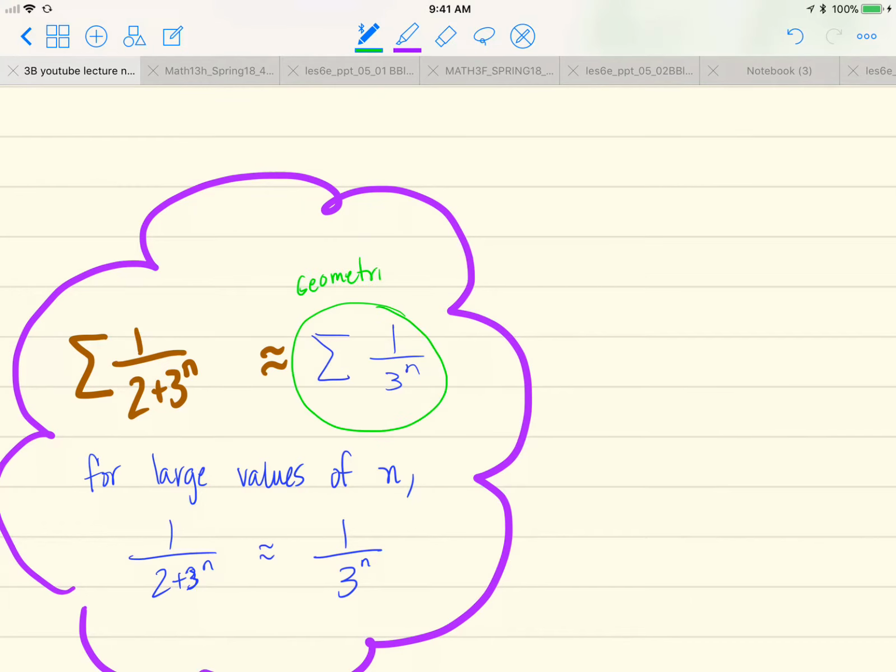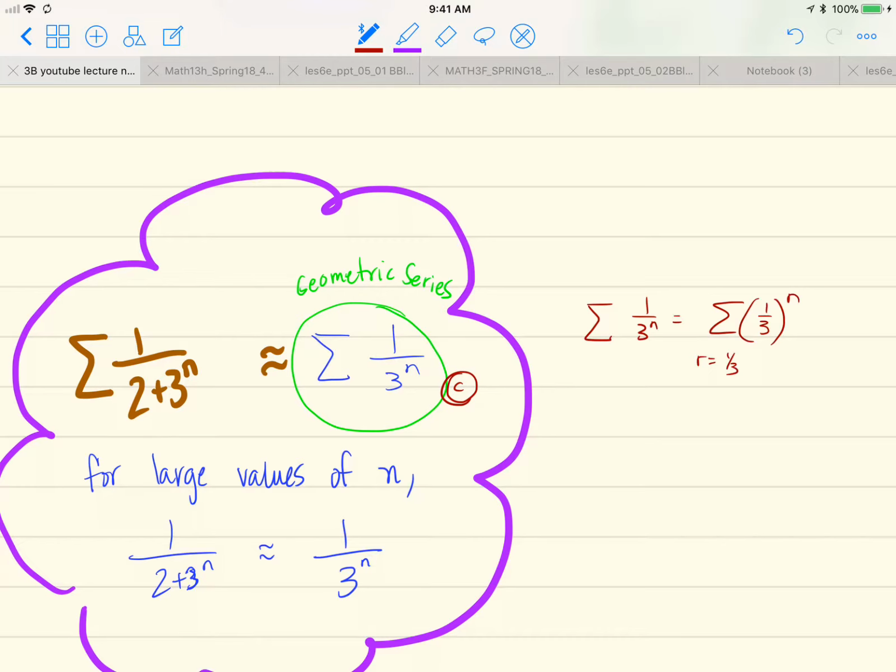And can you tell if the geometric series converges or diverges? What is r? This is a geometric series, but notice we can write this as 1 over 3 to the n, right? So r equals 1/3, so our series converges.